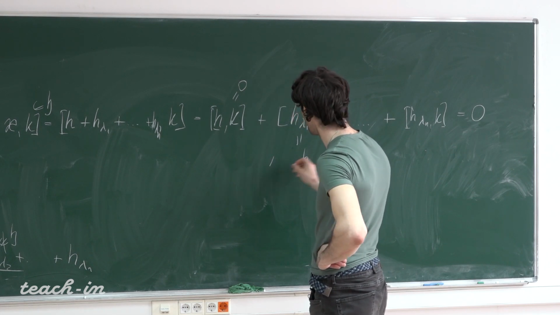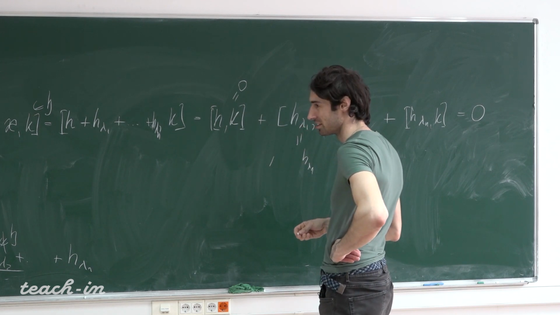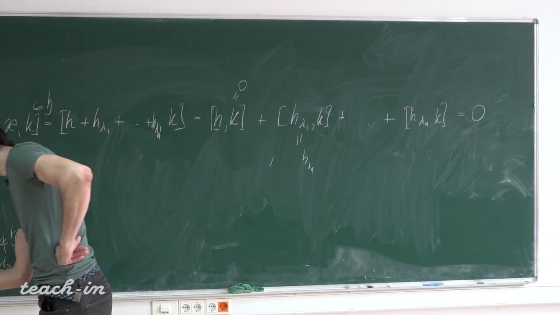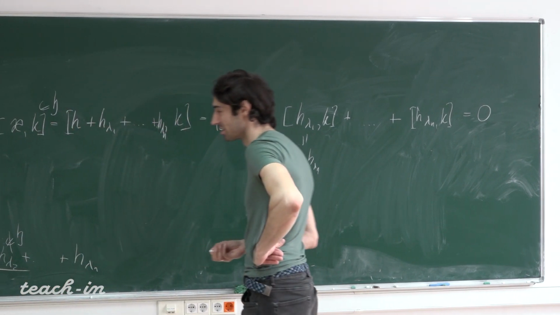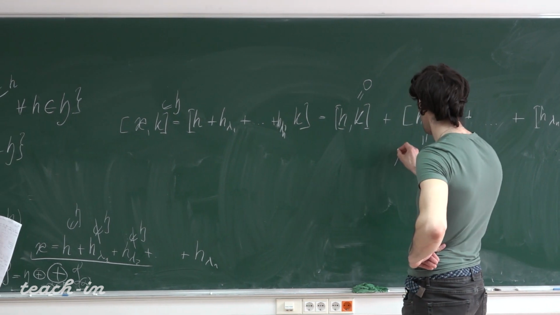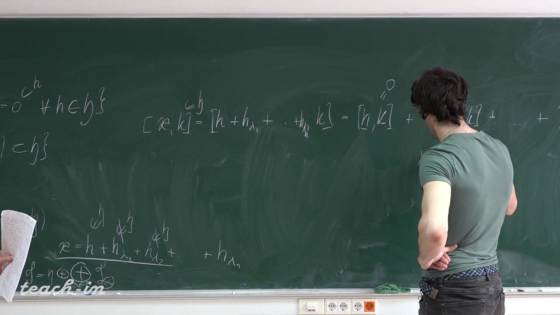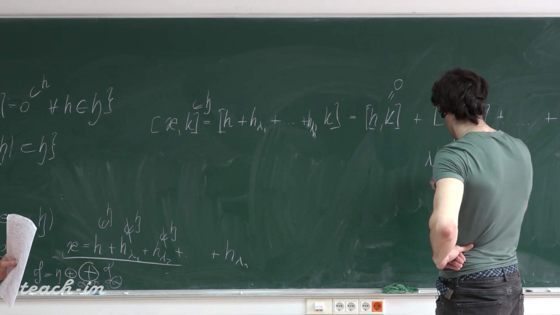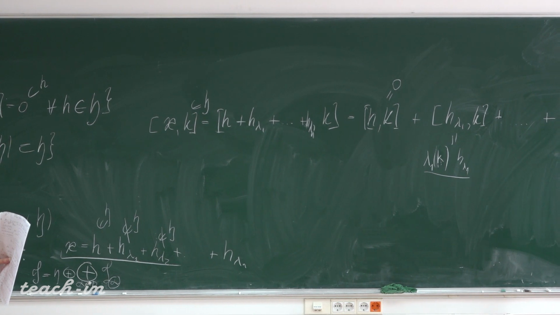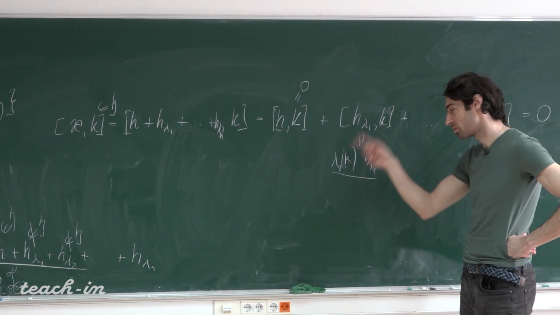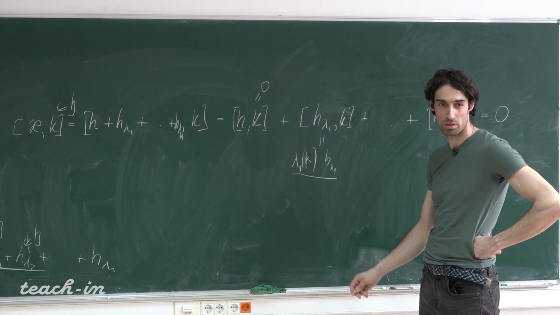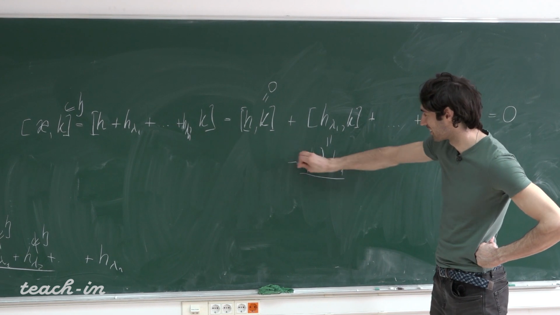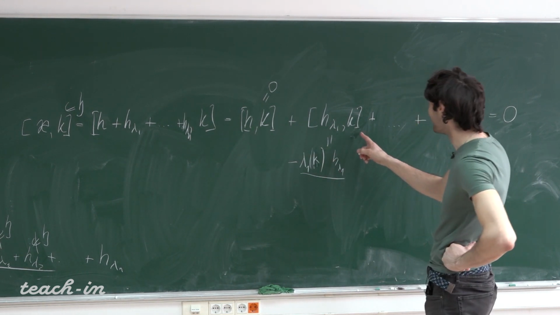What's the eigenvalue of the action of k on this? It is lambda 1 of k, times this. But this number is not even important; it's just to recall what's going on.